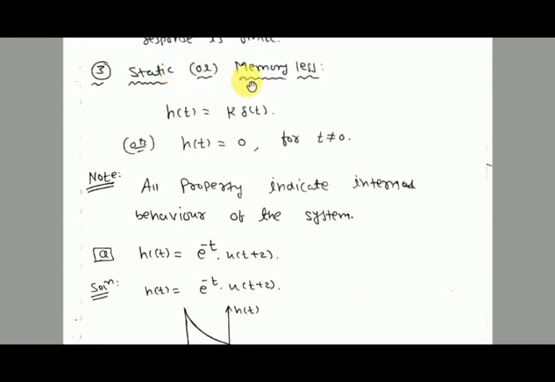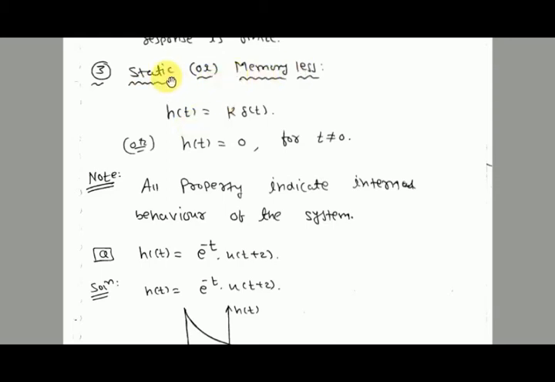The third property is static or memoryless system. Each LTI system may be causal, static or memoryless, and stable. So what is a static system?